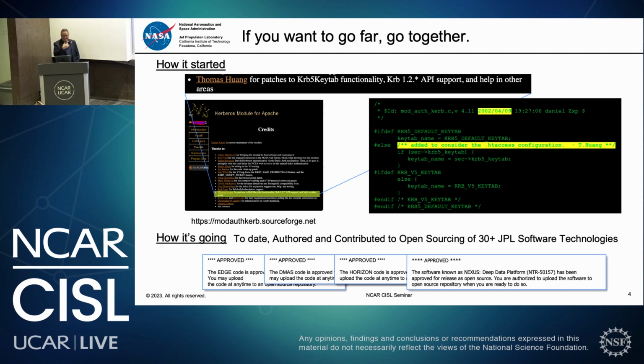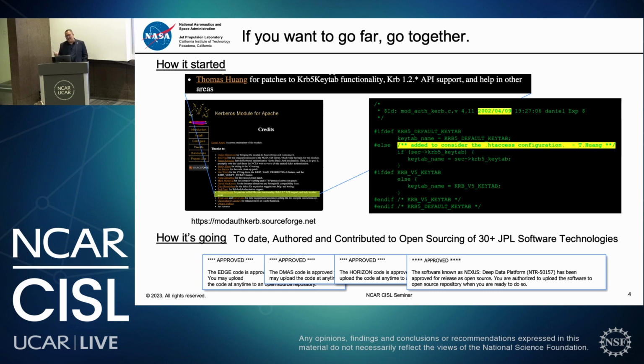And of course, decades later, there are over 30 software packages from JPL that I'm responsible for open sourcing. Those little tapes on there are the approval letters I got saying you're free to open source this stuff, right? So yes, I am a big fan of open sourcing software, but it's not just so that I can get more likes on LinkedIn or Facebook.